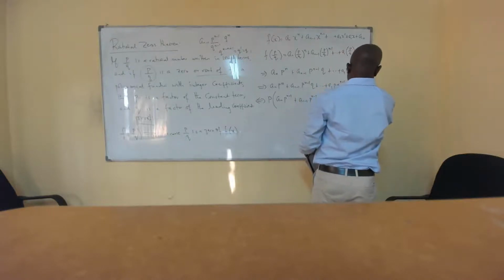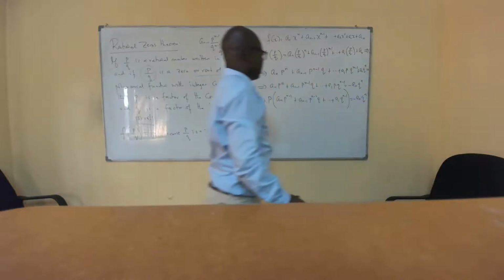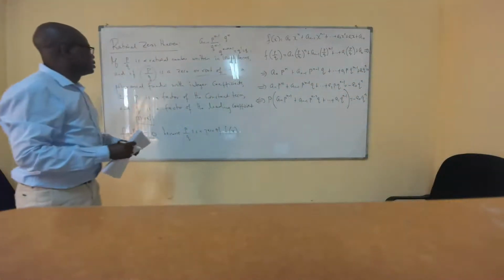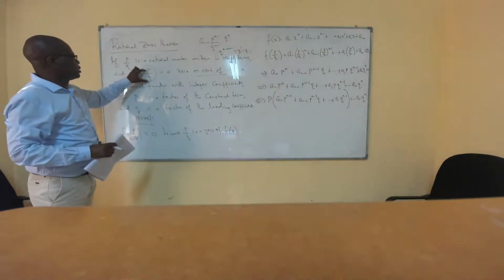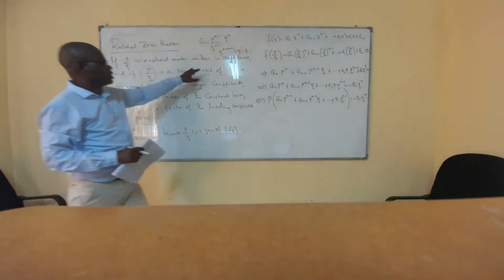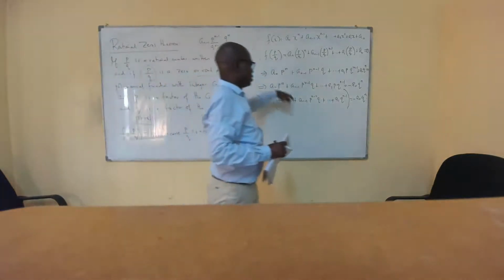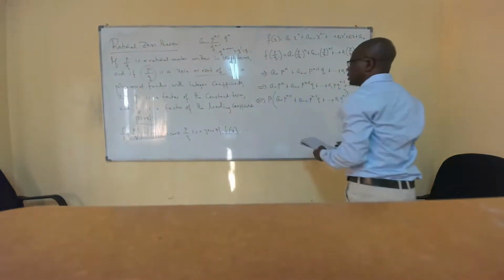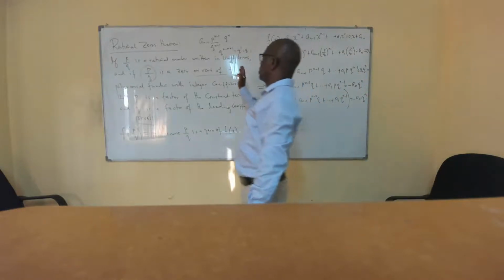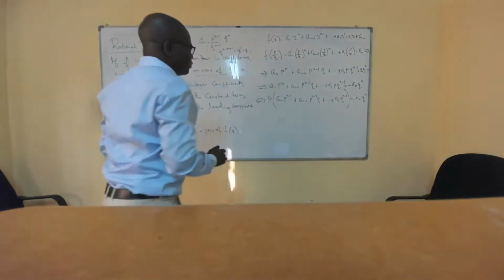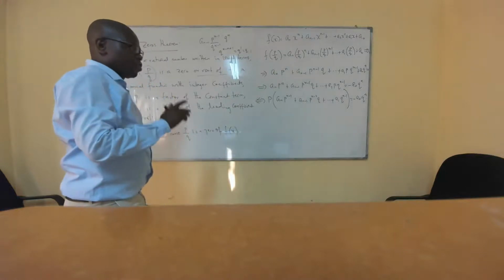So you have factorized, and you are left with minus a_0 times q to the power n. There's one interesting thing. We said p over q is a rational number written in lowest terms. So between p and q, we don't have any common factor other than 1, right?